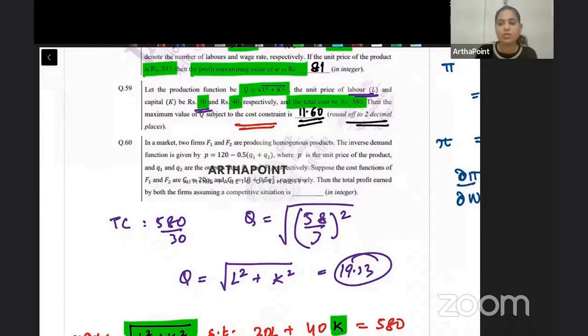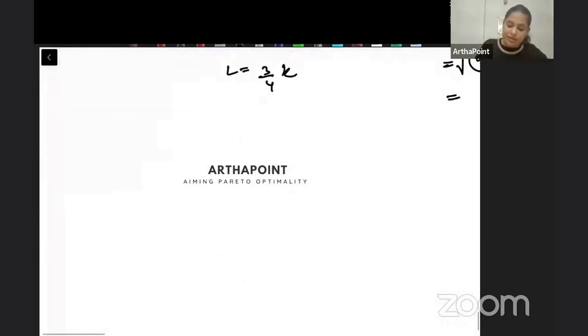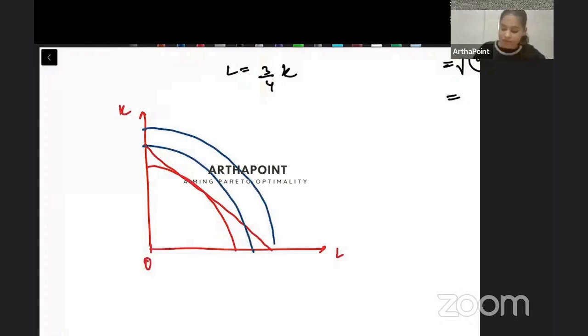So concave, we should be, I mean, if I go ahead and make this function, yes. So if I have my isocost here, and if I take labor here and capital here, then the highest isoquant will hit here. So I will use only labor.